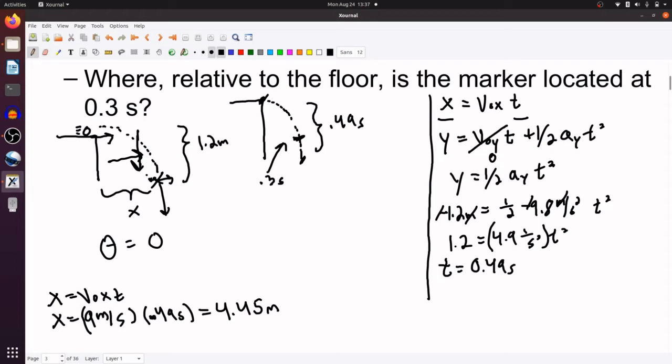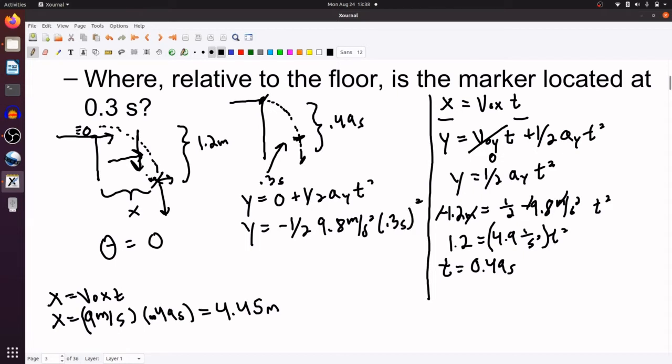There we go. So, y is equal to 0, remember, plus 1/2 of a sub y t squared. All right, well, I'm looking for y. This time I know the time. That's a negative 1/2. I pulled it out front because that's from my acceleration of 9.8. And then my time is 0.3 seconds, and I need to square my time.